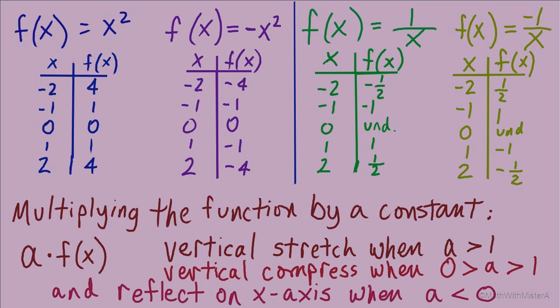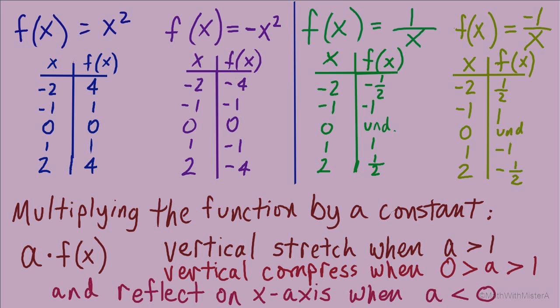So if we were saying that a was a number like -2, we would incorporate, first of all, that it's still stretching our points by a factor of 2. Every vertical coordinate is now twice the size of what it used to be, but also, since it's a -2, we have to reflect that graph. So you could say technically we should have absolute value of a is greater than 1 and absolute value of a is between 0 and 1.